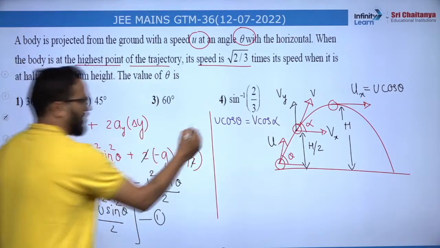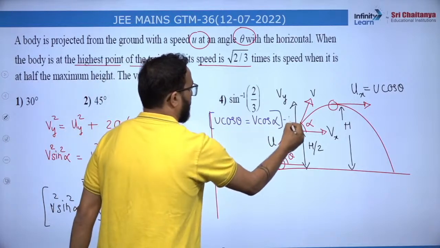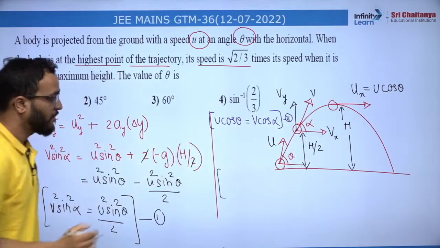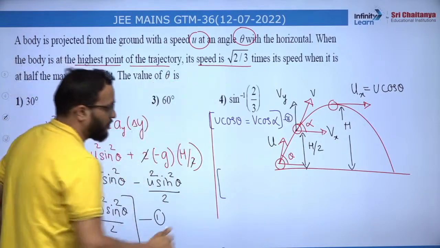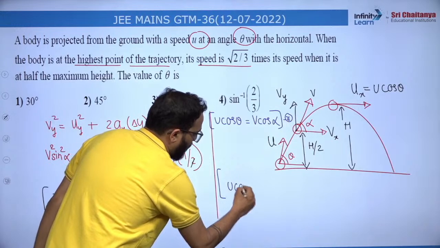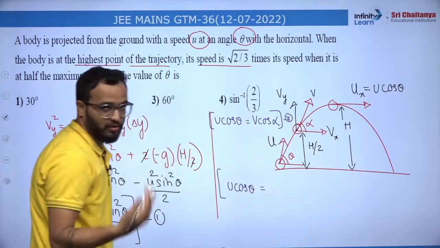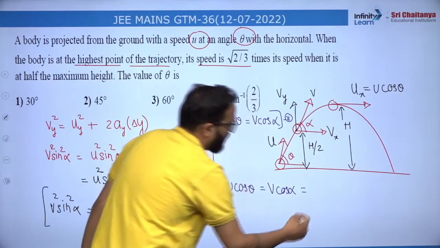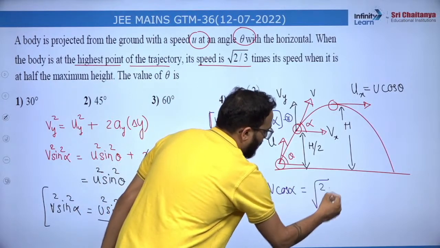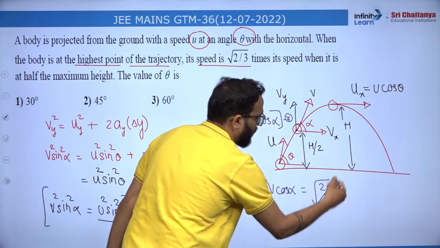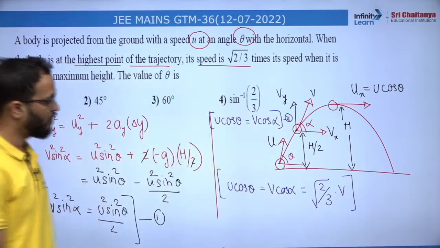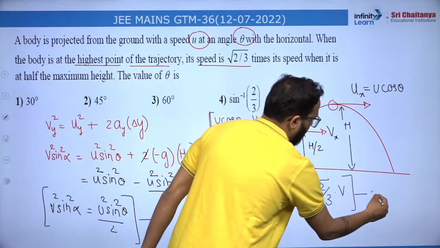So this is equation number 1, this is equation number 2, and the third equation that you will use is already given, that u cos theta equals V cos alpha, which is equal to root over 2 by 3 times V. Did you understand? So this is your equation number 3.